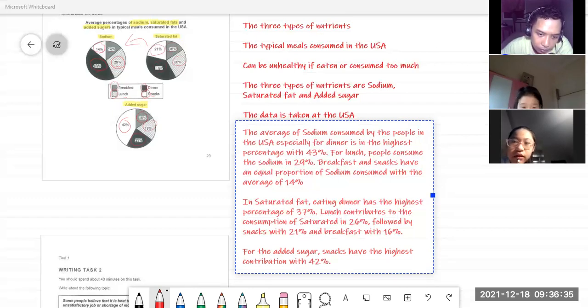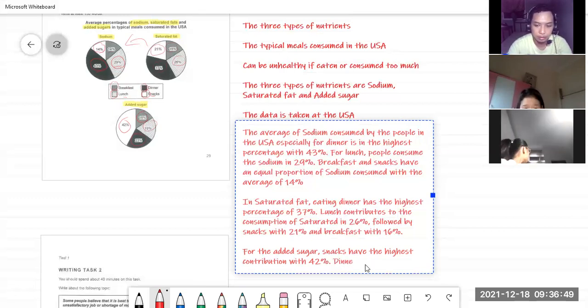Dinner is consumed with 23%. Okay, dinner includes 23% added sugar.